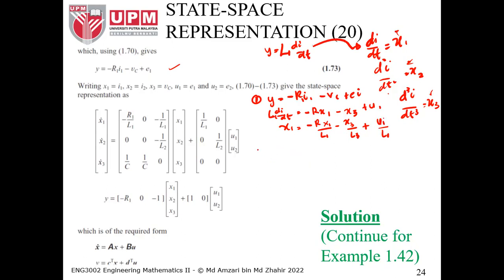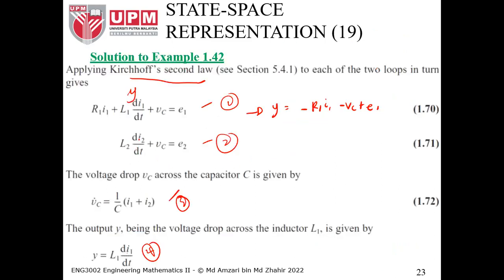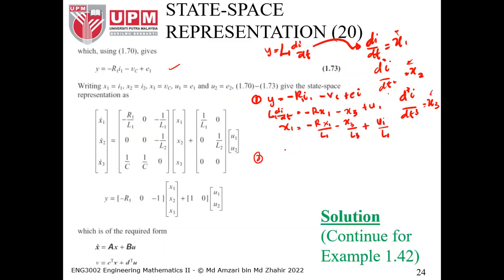So we go for the second equation. We know the second equation will only remain L2 di2 over dt and Vc. So the equation will be di2 over dt.